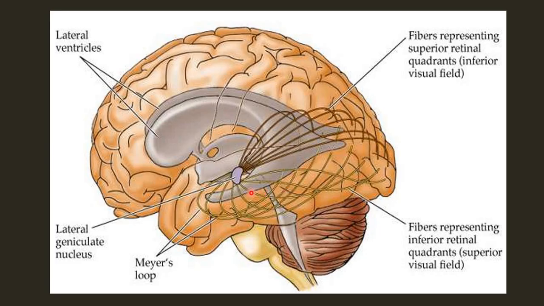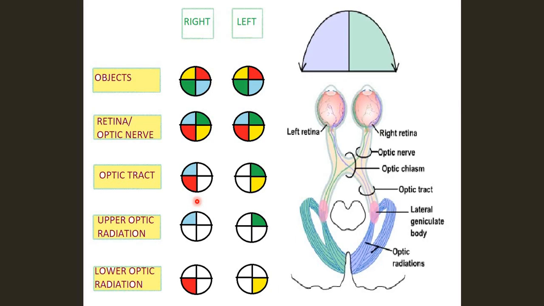It is the fibers of this Meyer's loop which are affected in temporal lobe abscess because of the proximity of Meyer's loop to the temporal lobe. Imagine a patient with right temporal lobe abscess. His right Meyer's loop would not function. Just like how we explained regarding the information carried by the optic nerve and the optic tract, I would like to first explain the information carried by the upper optic radiation and the lower optic radiation.